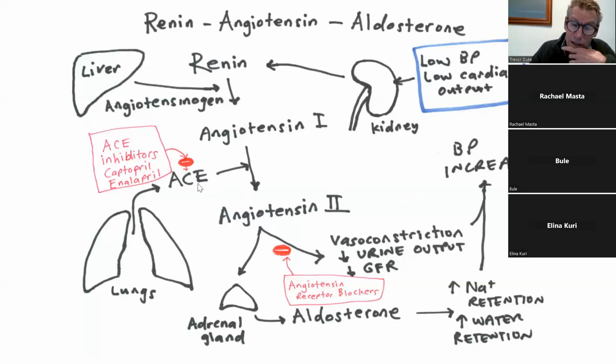So captopril and enalapril are fine if you've got an adequate blood pressure, or a normal blood pressure or a high blood pressure. They're not good, of course, if you've got a low blood pressure. So good treatment for hypertension, good treatment for heart failure if the blood pressure is high or normal, but not good if the blood pressure is low, and especially if the diastolic pressure is low.